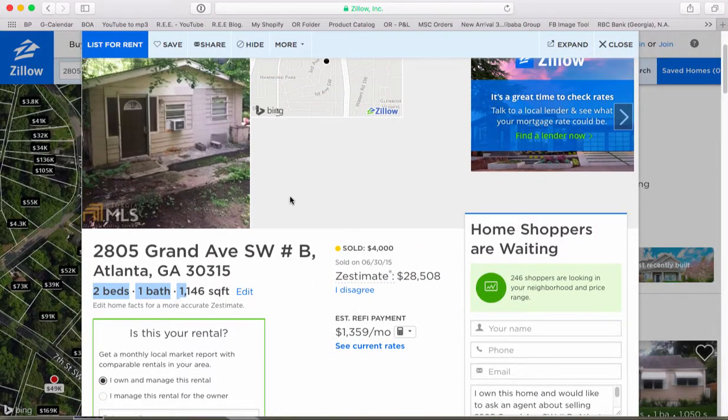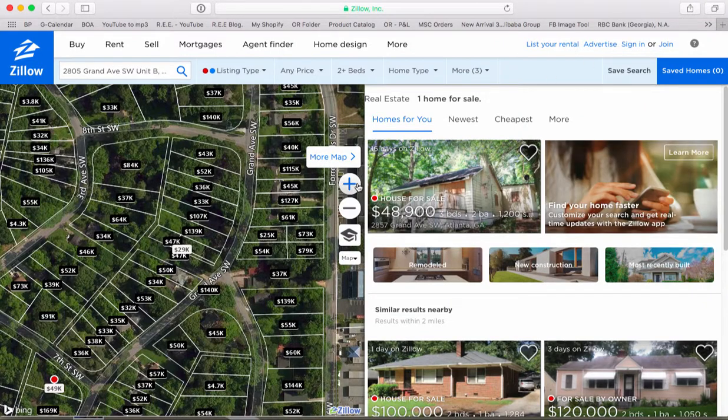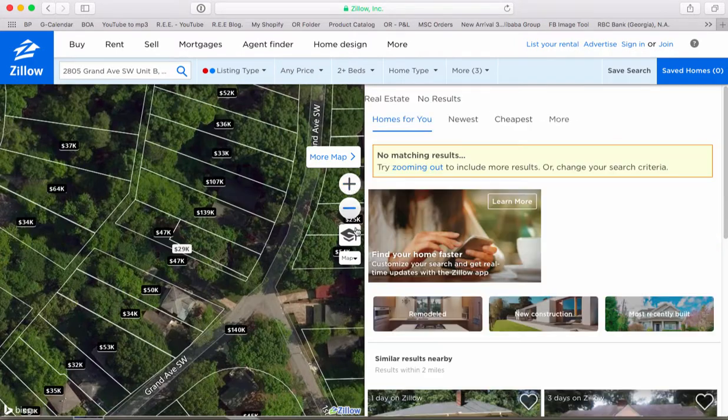So you type in on Zillow. You can use Zillow. Again, it's free. Everybody has access to it. You put in the address. You close it. And one thing I would say, when you close it, just make sure that you're not clicking. What do we got here?